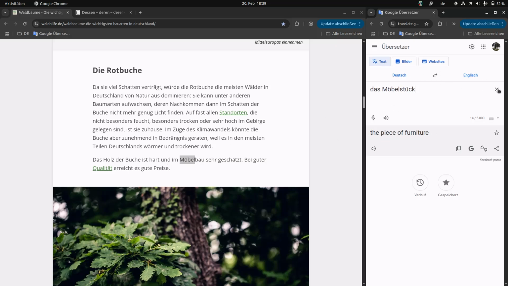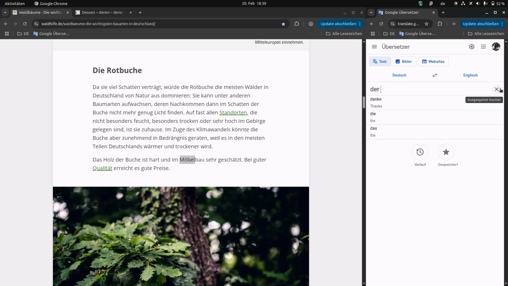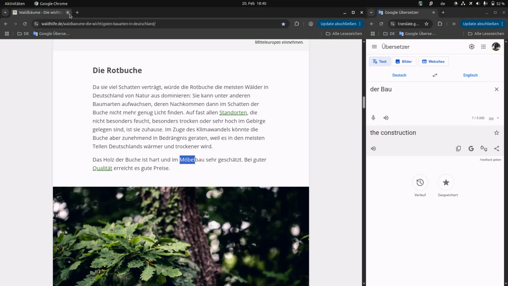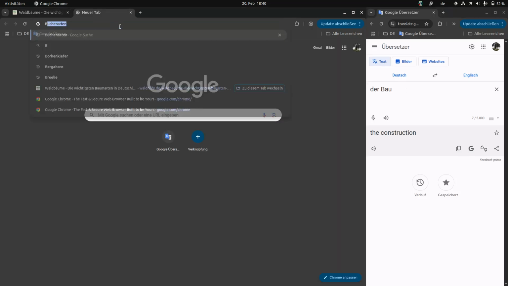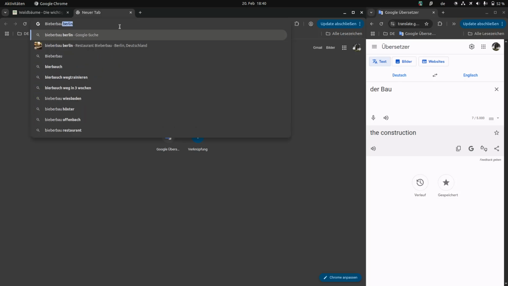And Möbelbau, there's the word der Bau, which can either mean construction or, for example, a beaver's construction. Biberbau, I think.